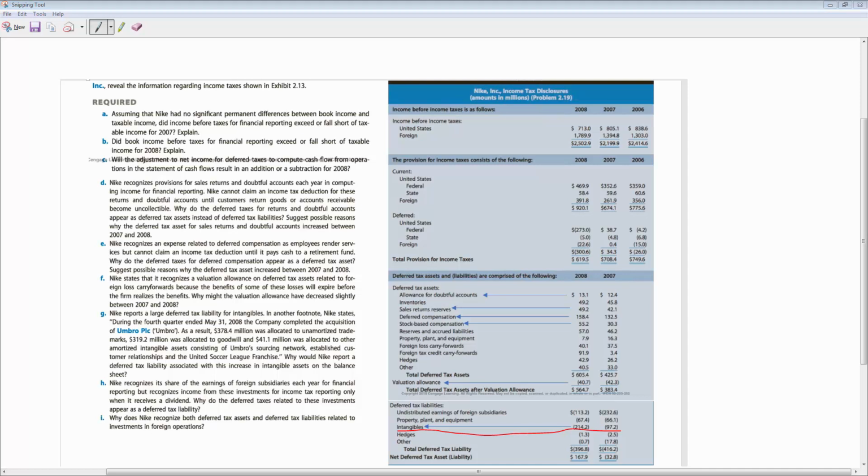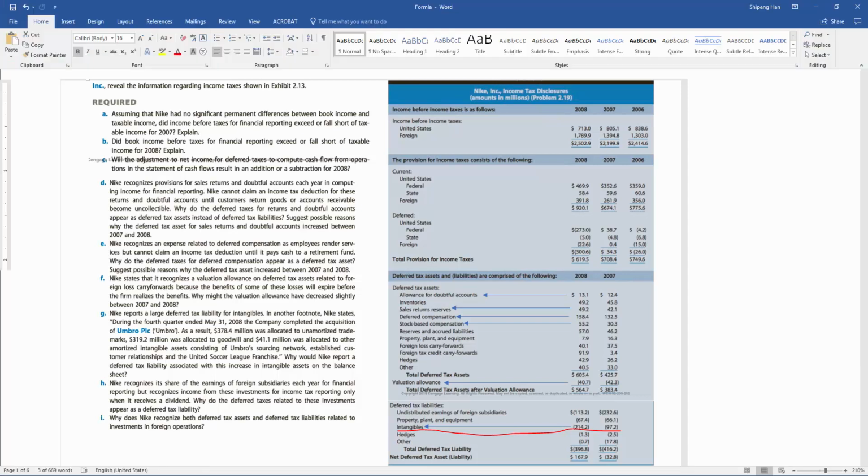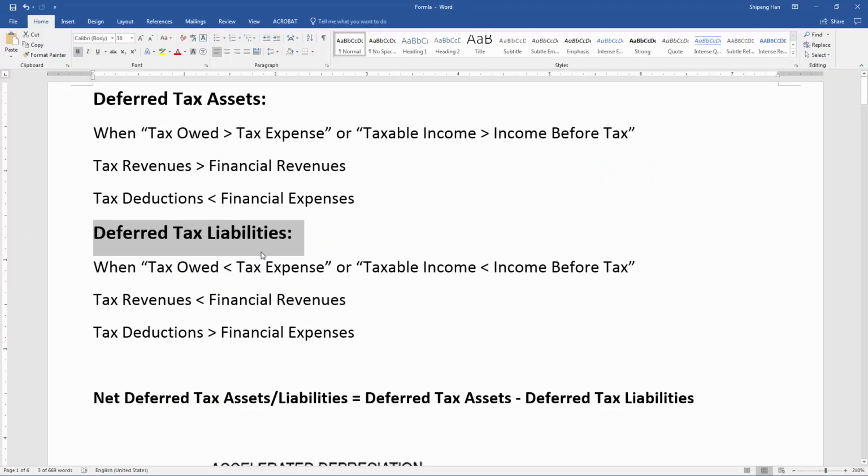Question H. Nike recognizes its share of earnings of foreign subsidiaries each year for financial reporting, but recognizes income for tax only from the receipt of dividends. That means Nike recognized income in its financial reporting earlier than in tax reporting. So this will result in income before tax being greater than taxable income.